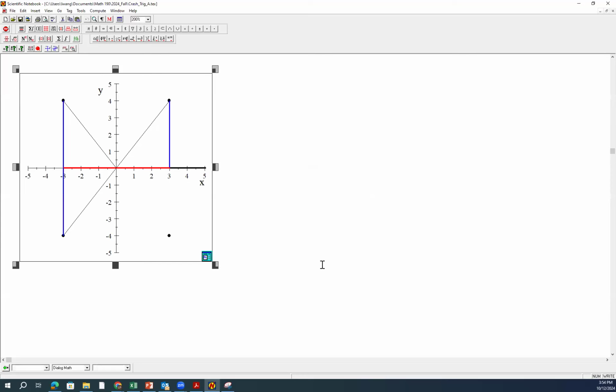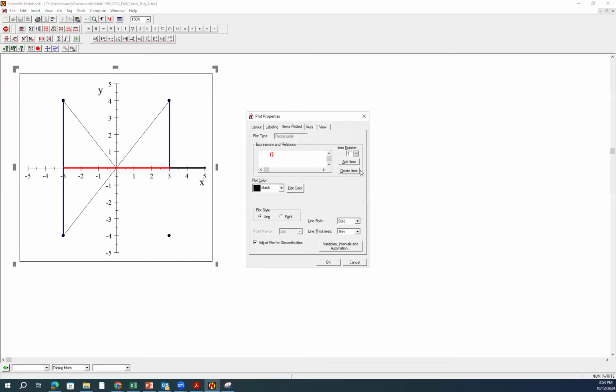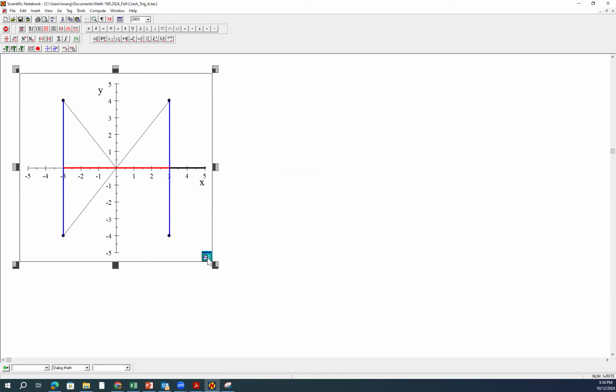So that's another dot, and we will draw that. Let's get the blue. That's going to be -4. That's the blue. And red is already there, right?